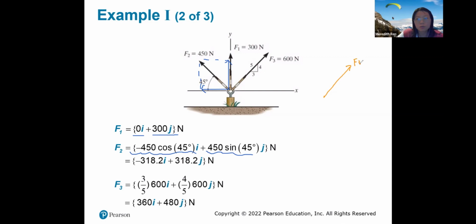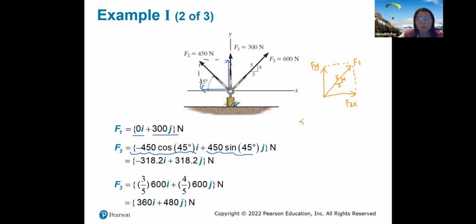If your F3 is over here and you're breaking F3 into a horizontal component, F3X, and a vertical component, F3Y, based on the 3, 4, 5 triangle, the vertical component is going to be 4 and the horizontal component is going to be 3. Okay, to be more specific.